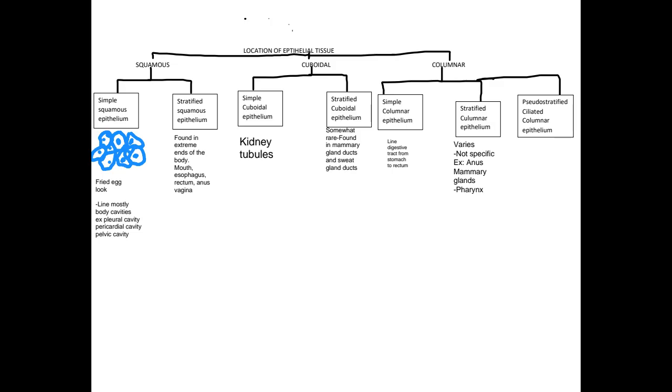It mainly lines your respiratory and reproductive tract.